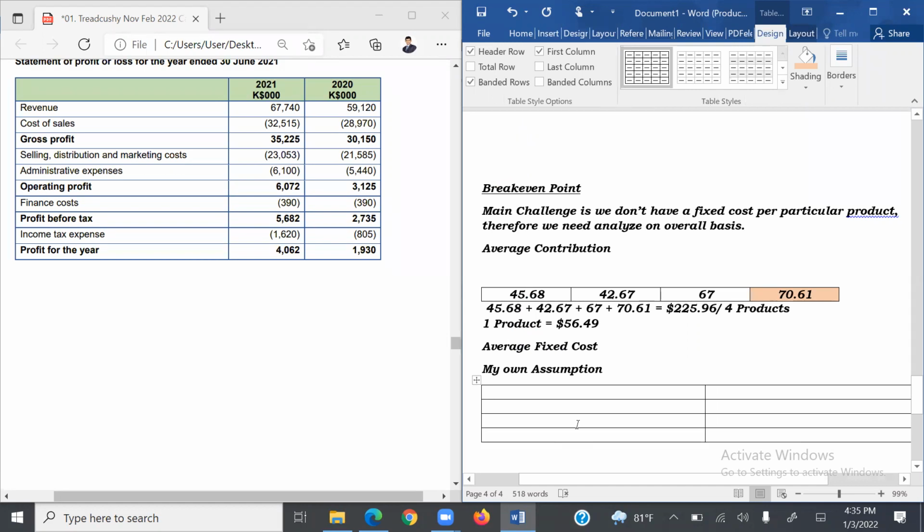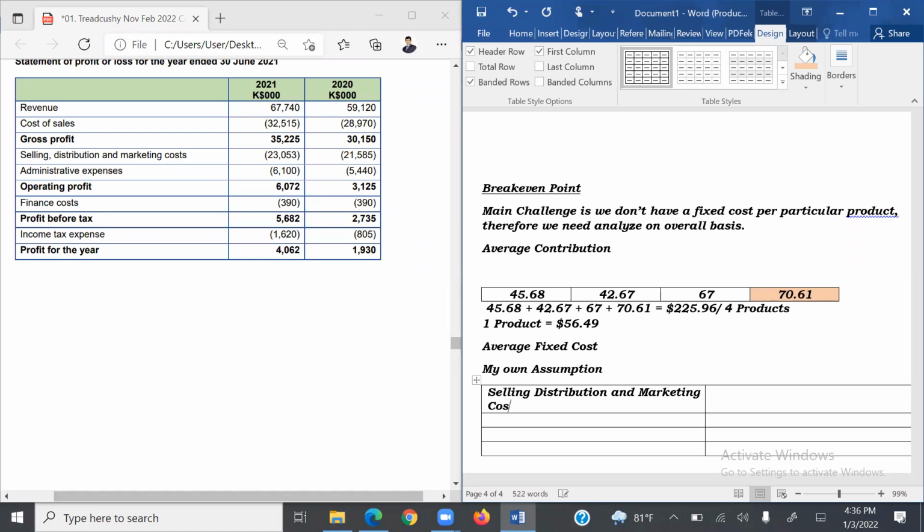So the first thing I want to do is selling, distribution, and marketing cost. Students, 23,053 plus 21,585 divided by 2. Why is it 2 years?